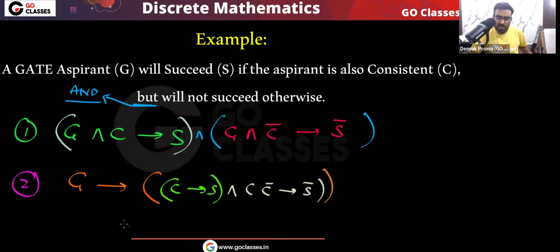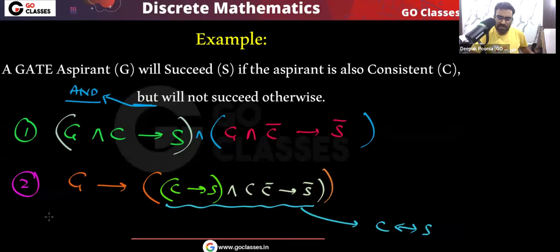Now, what is this? This is C implies S and C bar implies S bar. I can also write it as C if and only if S. Yes or no? This same thing, I can also say is basically C by implication S.